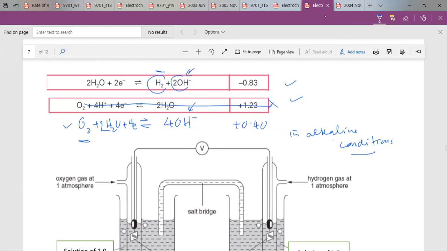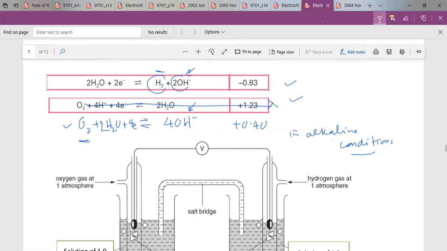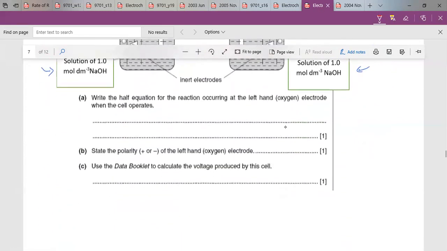Which is positive? First thing, of course, is the poles. Who is positive, who is negative? Remember hydrogen here is negative, so the other is positive, obviously. You decide from looking at the comparison. Now what is the equation?